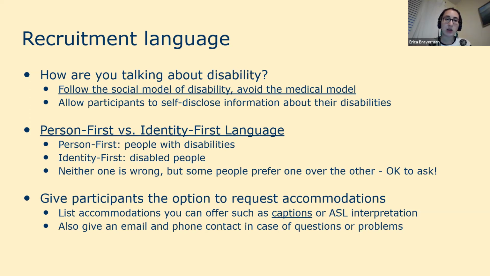And then allow participants to self-disclose information about their disabilities. I would avoid asking anything that you don't need to know. For example, if you're asking if someone is blind and uses a screen reader, you want to know what assistive technology they're using, but you don't need to know about any medical condition that might be affecting their vision.